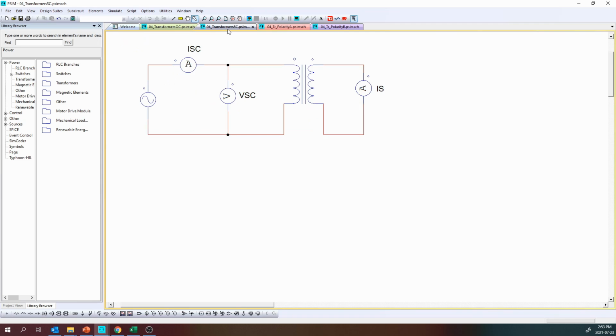Now when you move into the short circuit test, you have an ammeter here that is effectively short circuiting the secondary side of the transformer.